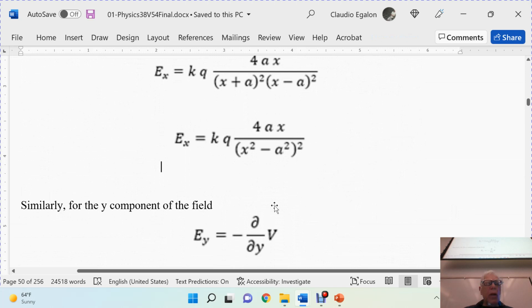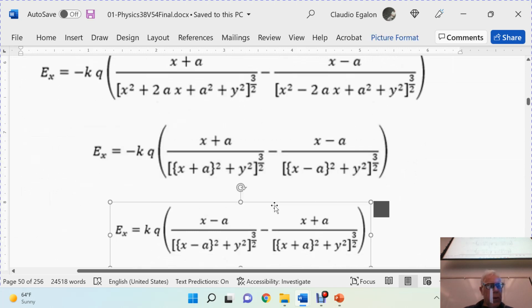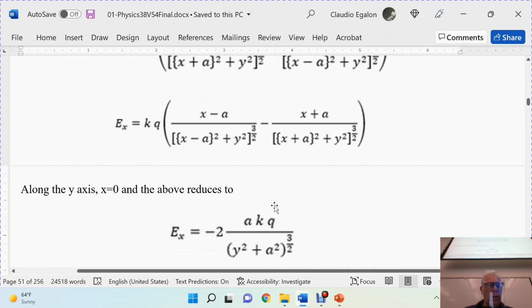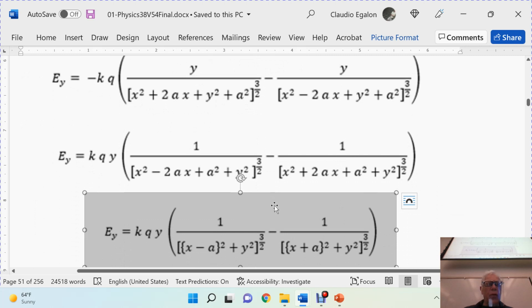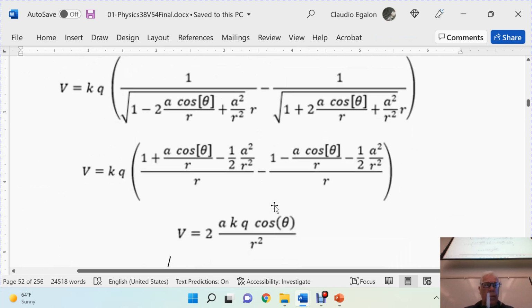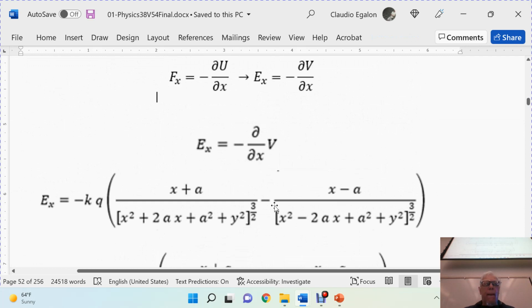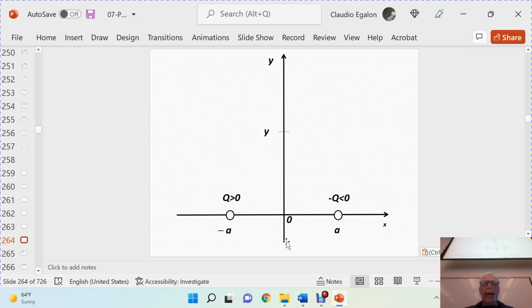Let's go along the y-axis. Okay, so here you go. We have these two charges. We're going to get the electric potential along the y-axis, positive and negative charge.